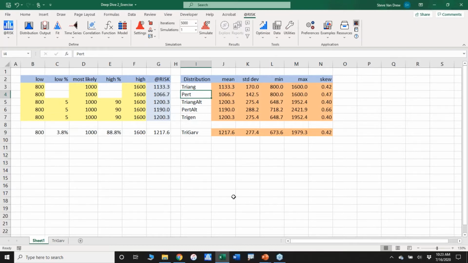The next thing that comes up gets back to how I asked for the information. I intentionally labeled this as low and high for these two columns. And I mentioned a few minutes ago that that isn't necessarily how you've been taught to ask for them. Maybe you've asked for a min and a max. Maybe you asked for best case, worst case, maybe optimistic, pessimistic, or low, high, like I'm demonstrating here.